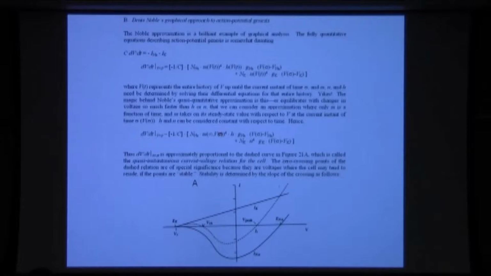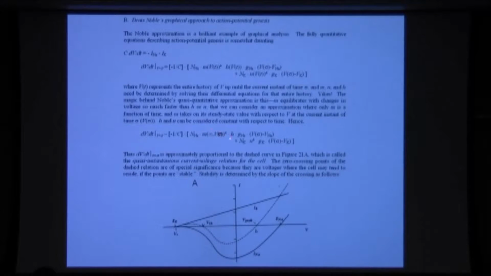It's just whatever it is; it's not changing that much in that time. And the same thing with the N gates. The N gates, if you remember, are also slower to react to voltage changes than the M gates. So let's just call N, whatever value it happens to be at, a constant. The only gating parameter which can change at this time would be the M gates, and they're very fast.